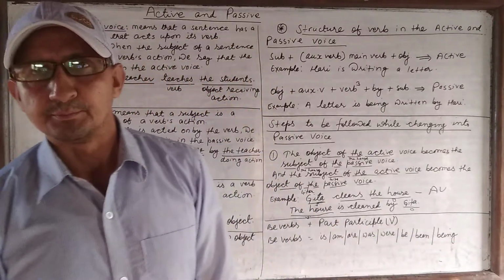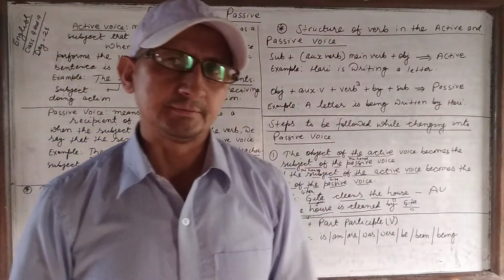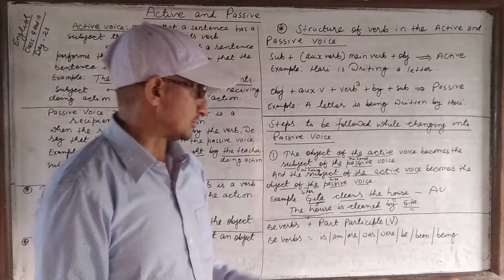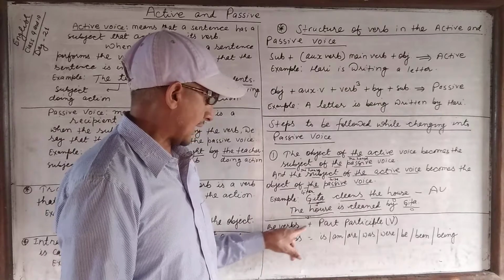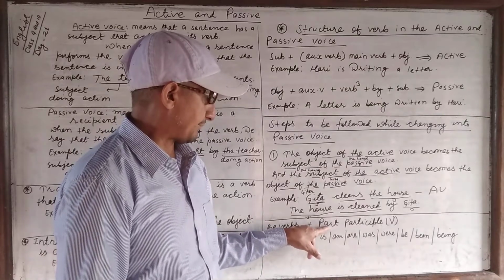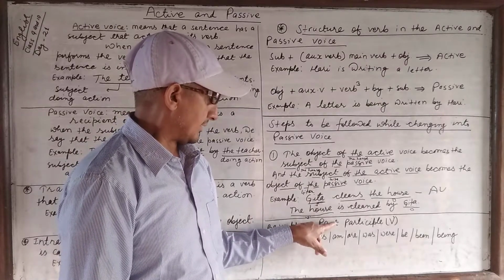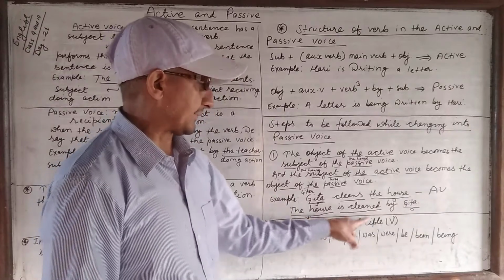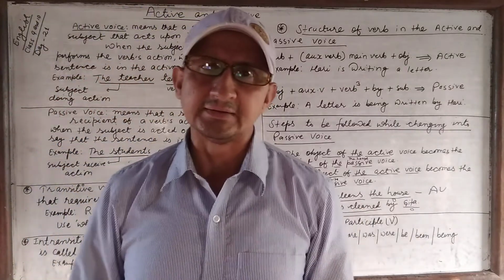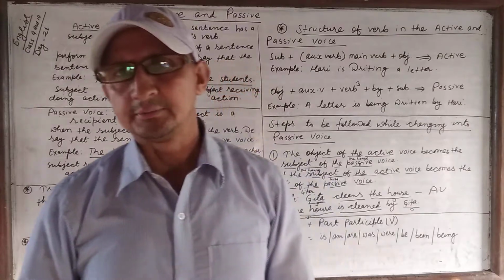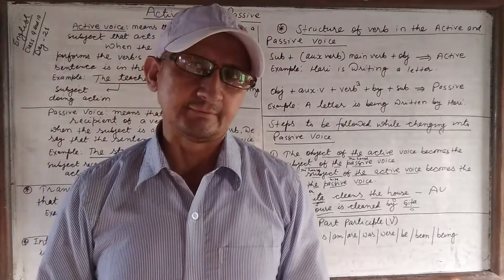These are the be forms of the verb. While changing into passive, there is a be verb. After the be verb, the past participle form of the verb, that is the V3 form, is used in the passive.